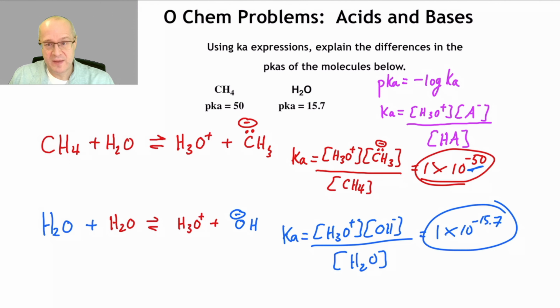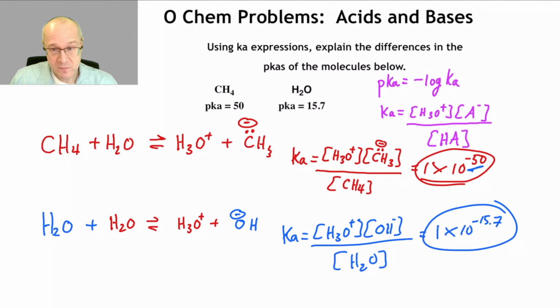So let's take a look at the Ka expressions. In order to get this small number, these two numbers in the numerator had to be small, and the concentration on top is small, concentration on bottom is large. So this number is extremely small, minuscule. To get this Ka value, and comparing it to this one, which is much larger, via comparison, only by comparison, these two numbers must be much larger than these two.